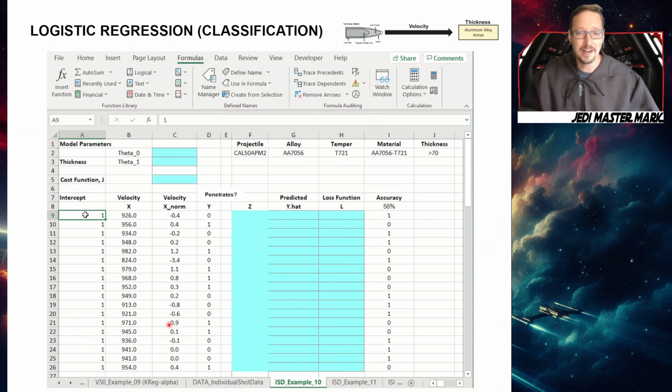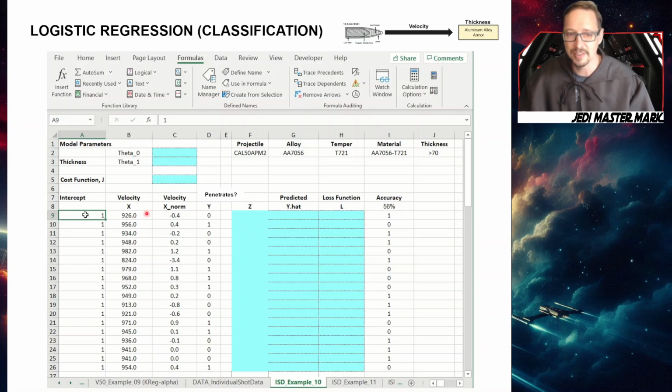Okay, so with that, that's just a very quick intro into logistic regression. I've got a quick Excel example of what this looks like, just so you can get accustomed to how logistic regression is a little bit different than linear regression. So the model parameters here, you can see them up at the top. This is a very simple example. You've got theta 0, so the intercept term, theta 1, the slope term. If you look at your x's, again, we have this column of ones and one input.